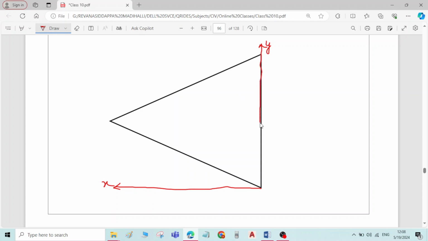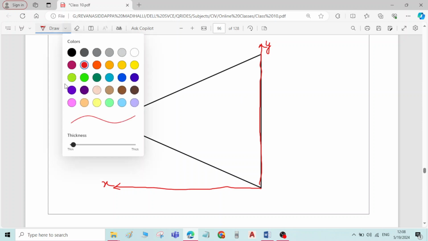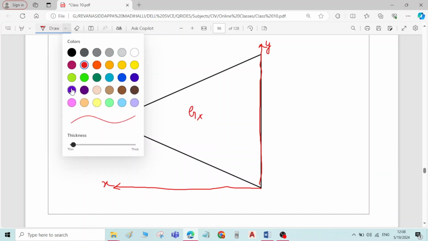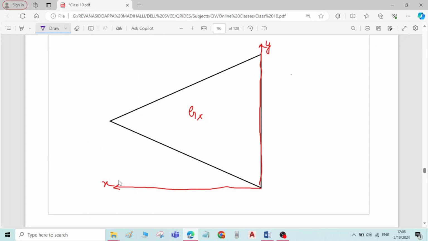Let us assume G as the centroid. The reference axis is taken in the second quadrant, which means the triangle is coming under the second quadrant.